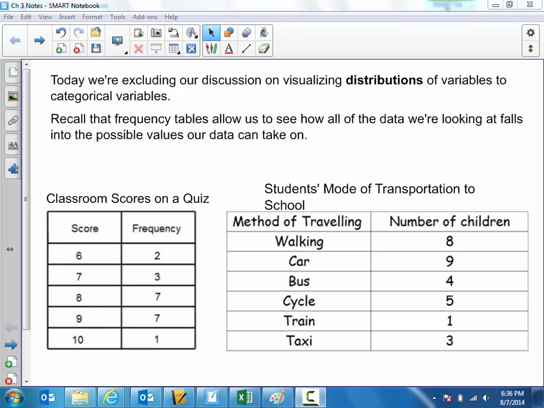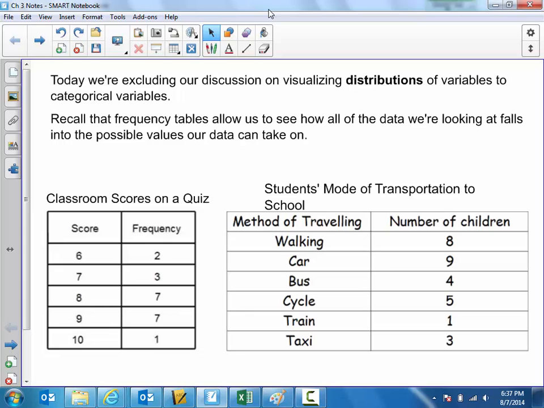So don't do something like this. Don't omit that title. Make sure that you've got an appropriate title for the table or display that you're making. Now, what an appropriate title looks like may seem kind of arbitrary at first, but as you get practice in this class naming your displays, it'll be easy as time goes on.